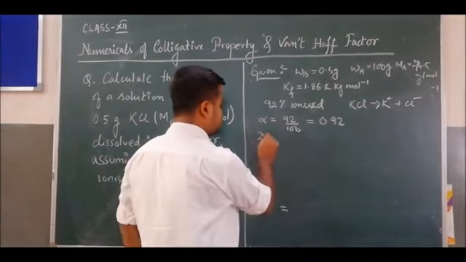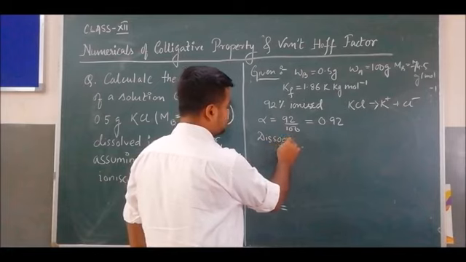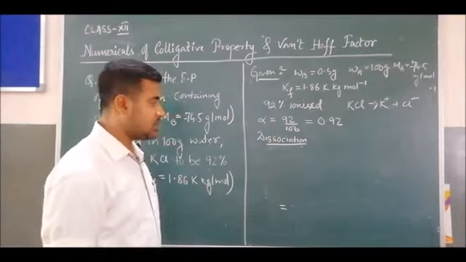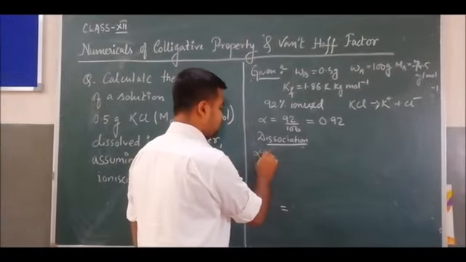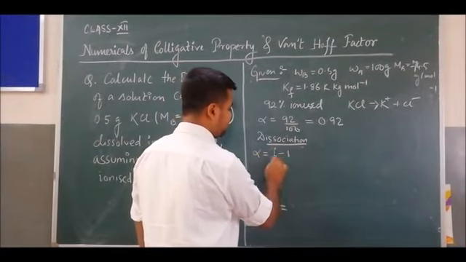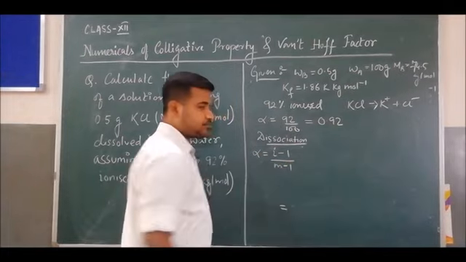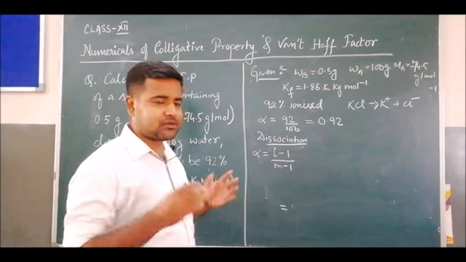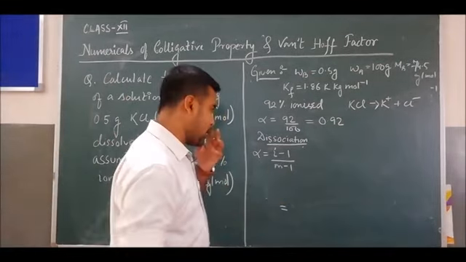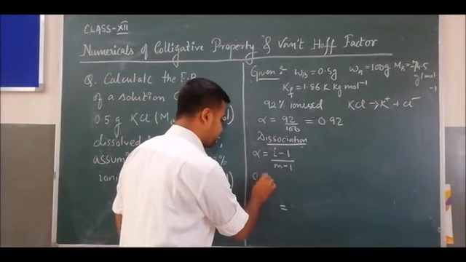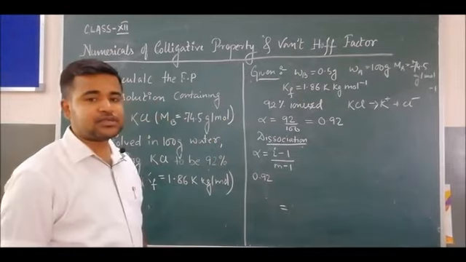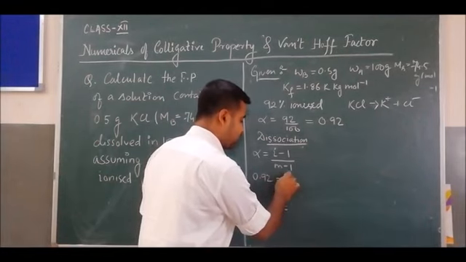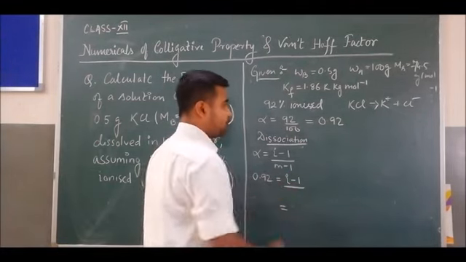When there is dissociation, alpha equals (i minus 1) by (m minus 1). Alpha, the degree of dissociation, is 0.92, and the i value we have to find out. What is m?